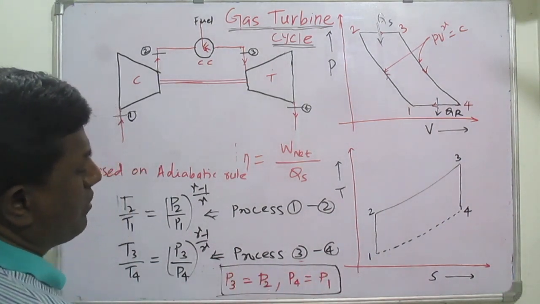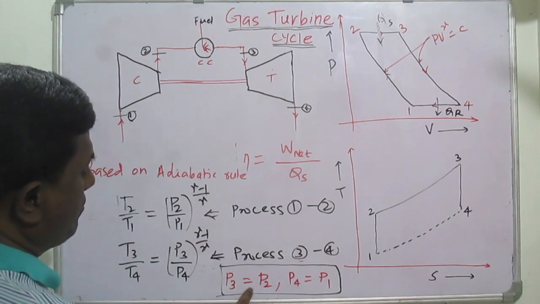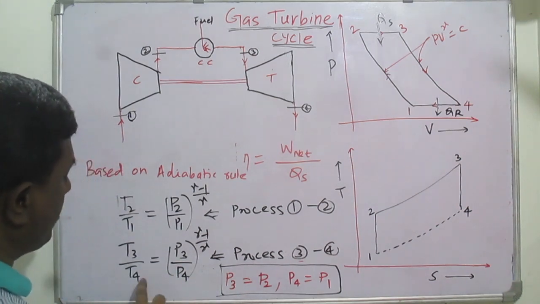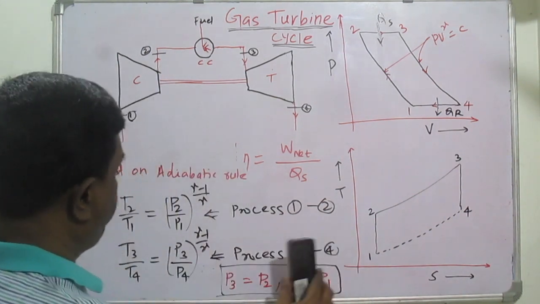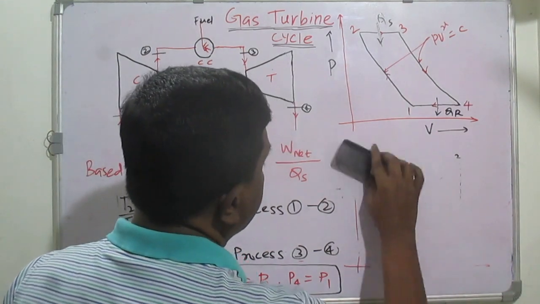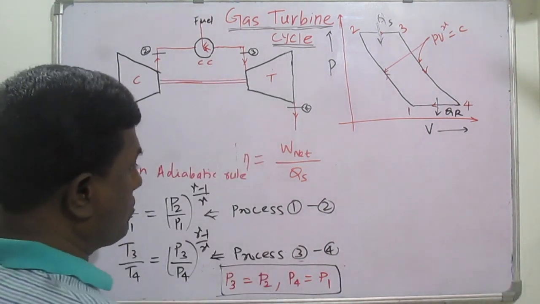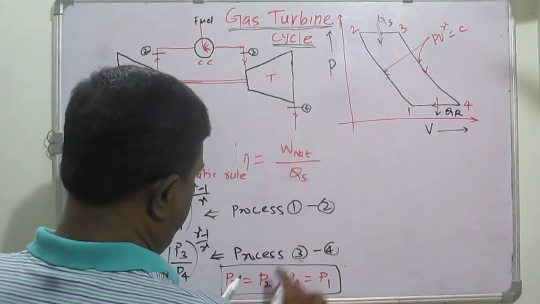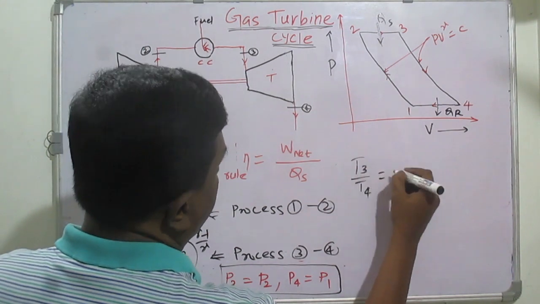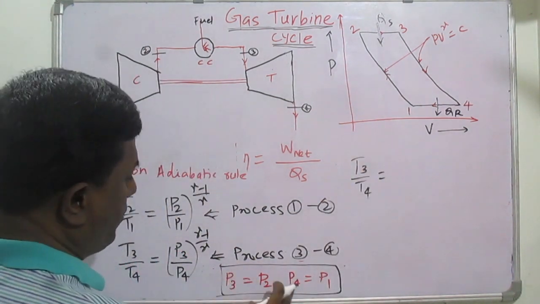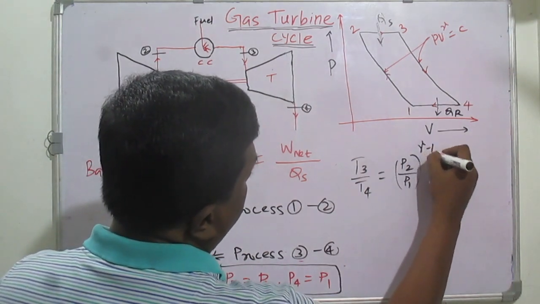We have seen this in our previous Brayton cycle efficiency also, and we have to use it here. When we use it, this equation becomes T3 by T4 equal to, because P3 equals P2 and P4 equals P1, P2 by P1 whole power gamma minus 1 by gamma.